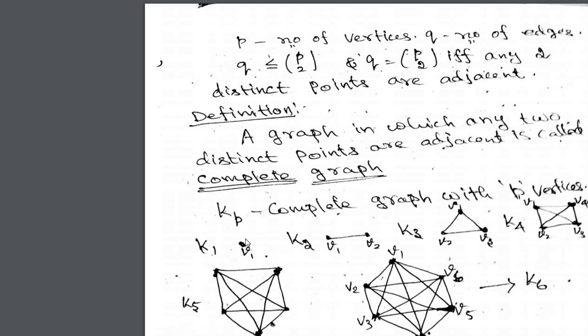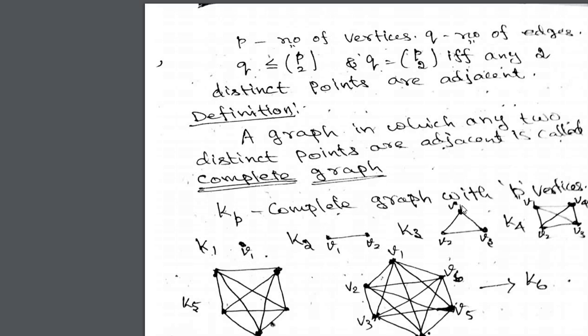We could draw a loop, but a loop joins a point to itself, whereas the definition requires two different points to be adjacent. So there is no possibility of drawing an edge here. K1 is nothing but a single vertex.